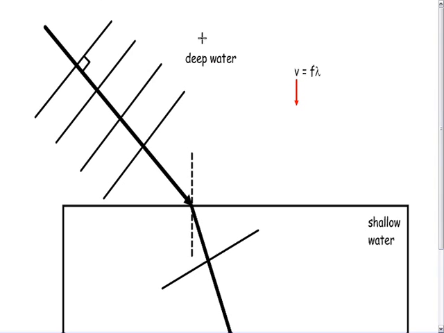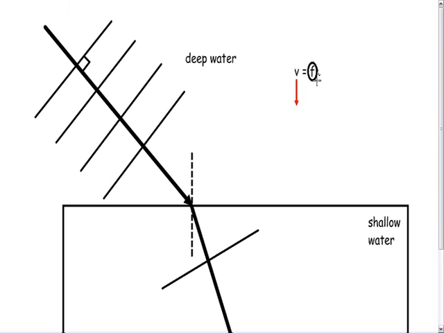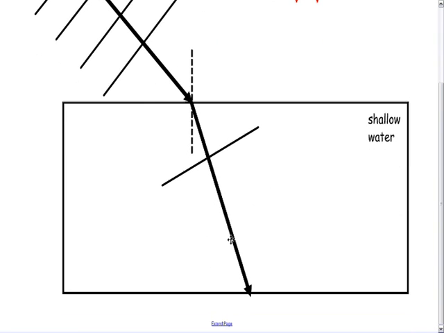Now whatever's making this wave happen continues to make it happen at the same rate every second, so the frequency must stay the same. So that means that the only way for this equation to remain balanced is if the wavelength also goes down. So when you slow your wave down by refraction, then your wavelength should become less.